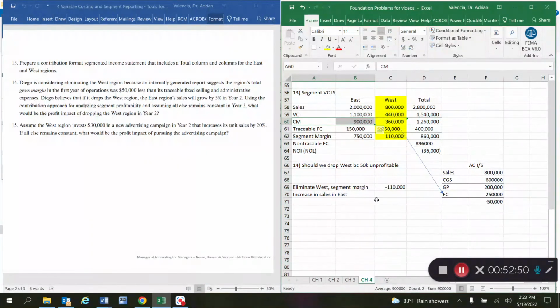So we're looking at the differences now. The increase here would be 900,000 times 5%. In other words, if we get rid of this, we lose out on 110,000, but we gain 45,000.